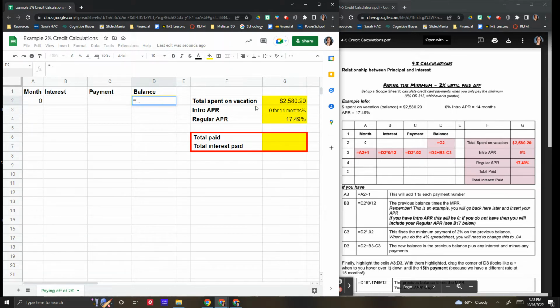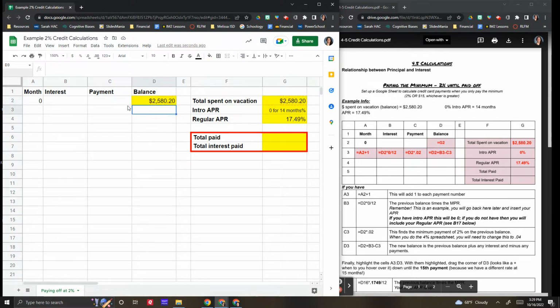I can type G2 or select G2 and it will write it in. If I changed this, say to $260, it would automatically change in cell D2 because I'm using what's called a reference cell, by stating G2.